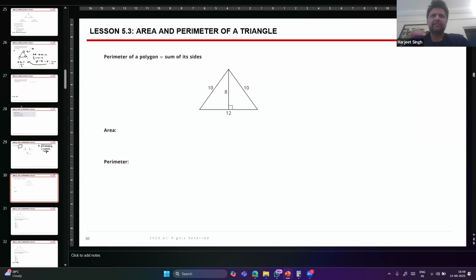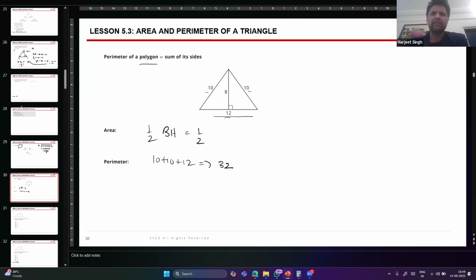All right. Let's see some of the setups. So the perimeter of any polygon, here it's a triangle, but any polygon, will be the sum of its sides. Can I say what is the perimeter here? 10 plus 10 plus 12, right? So can I write it as 32? And the area here will be half base into height.